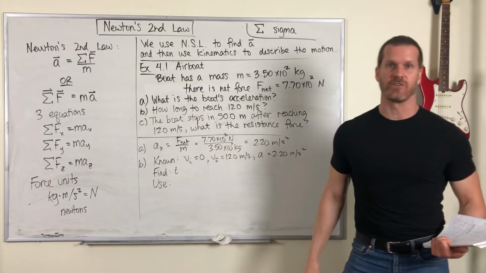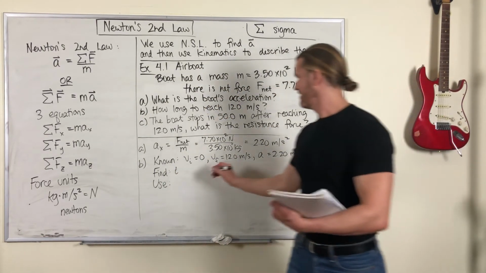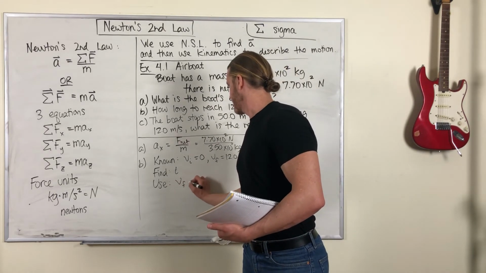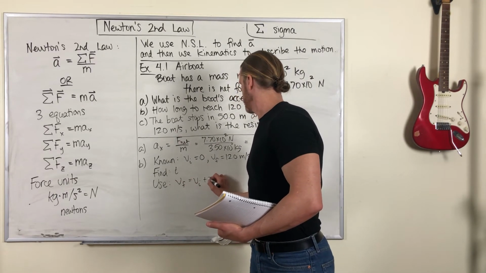So we need to pick a good equation to use, and I think the one we want is V final equals V initial plus A t.